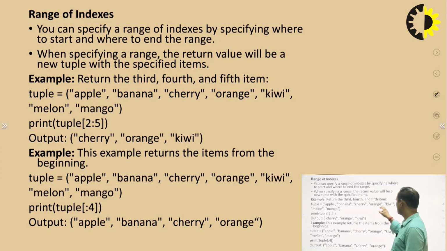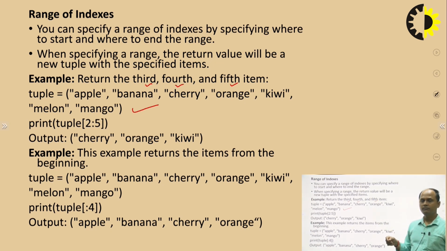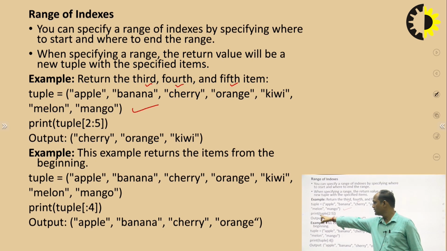Suppose we have a tuple with these items: apple, banana, cherry, orange, kiwi, melon and mango. This is one of the tuples, and we want to return the values of the third, fourth and fifth items. How is it implemented? We print tuple 2 to 5.